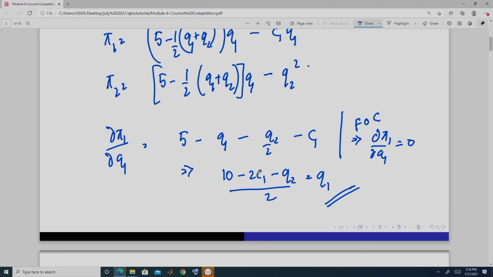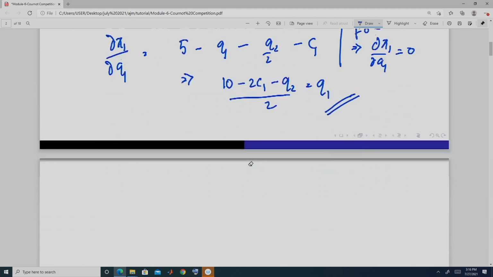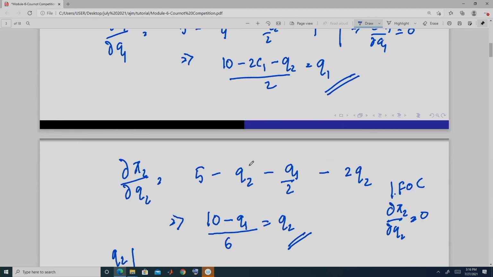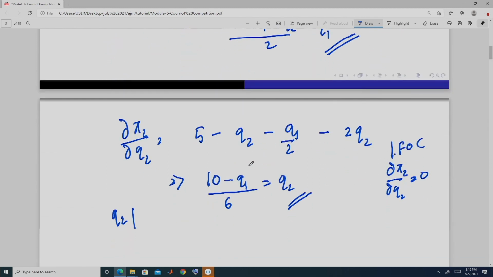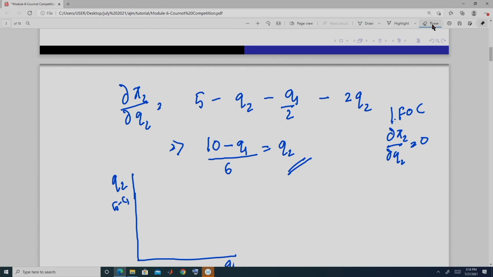So, we take common because this is equal to 0. So, this is 5.